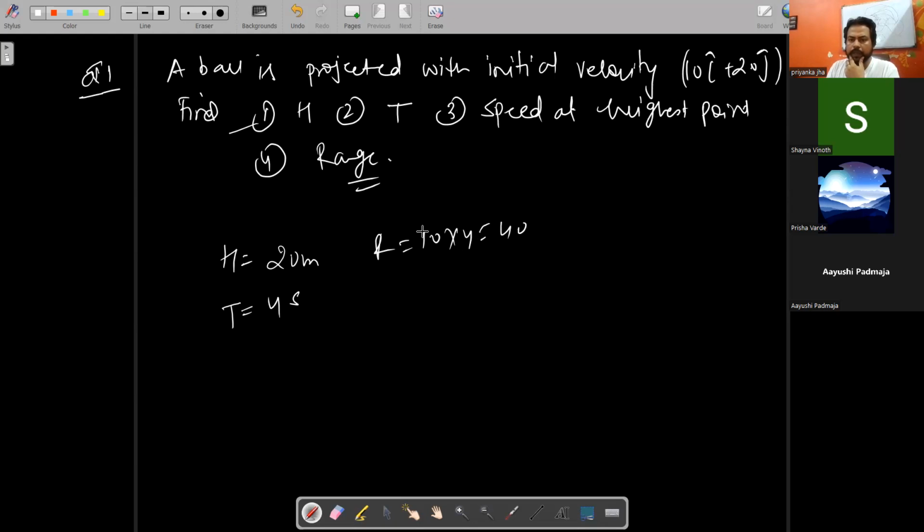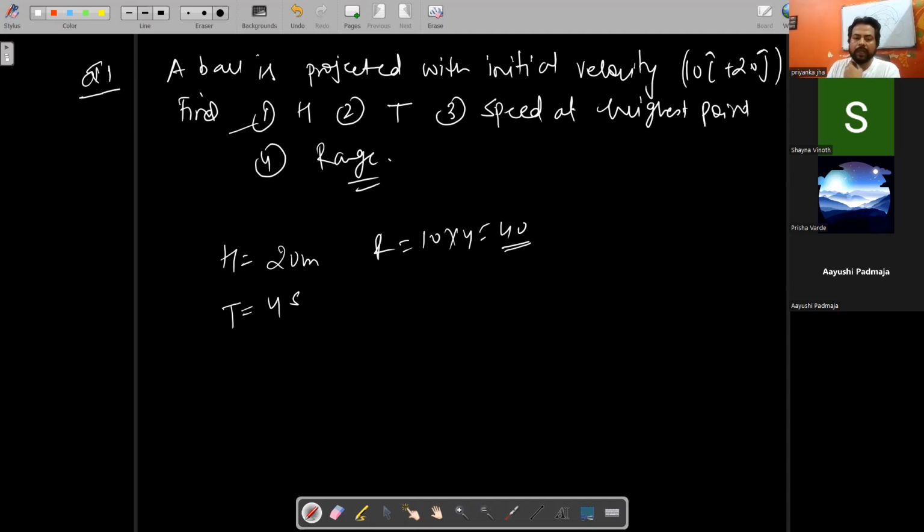Shaina, did these three answers match? I did the range, sir, until now. The range 40 matched or not? No, sir, I got 50. Okay, 50. Ayushi and Prisha, did you get the answer? No, sir. Acha, theek hai.